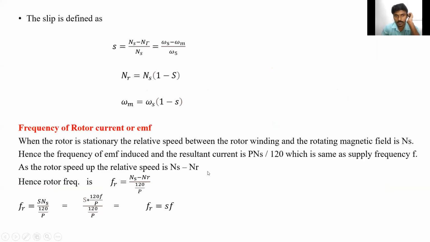The frequency of the rotor circuit or motor, whatever. Okay, so how can we write it? It's a very important equation, the relation between the supply frequency and the rotor frequency. What is the relation between the supply frequency and the rotor frequency?